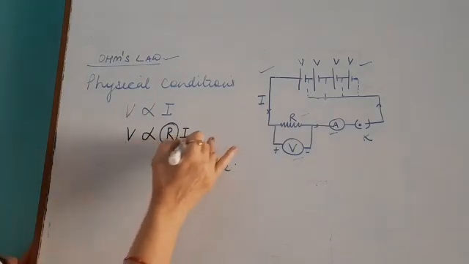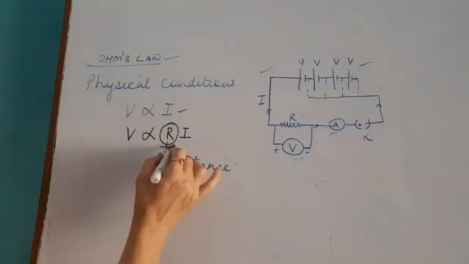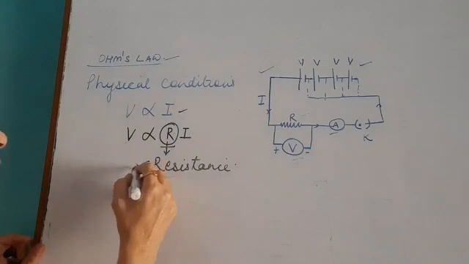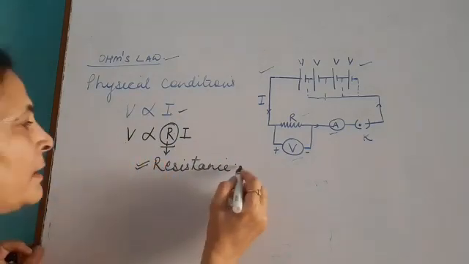V is directly proportional to I, and when I remove the proportionality sign, I'll get a constant which I name as R and is known as resistance. Now physically, what is resistance?